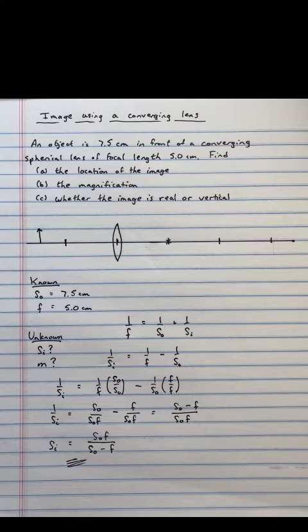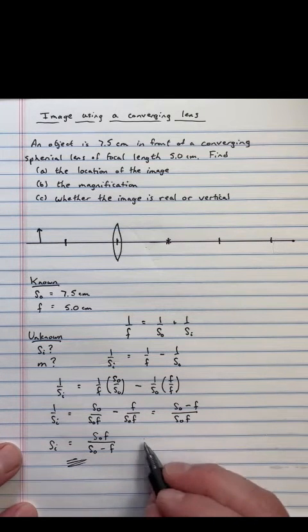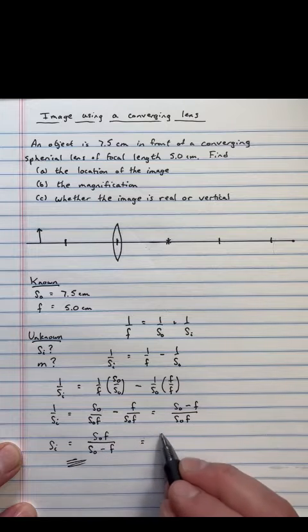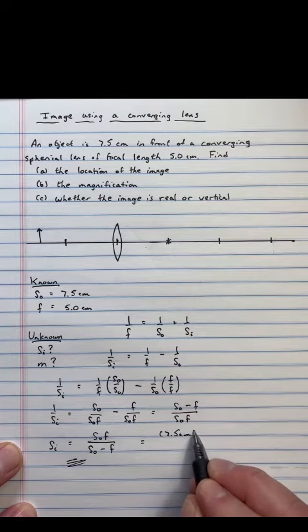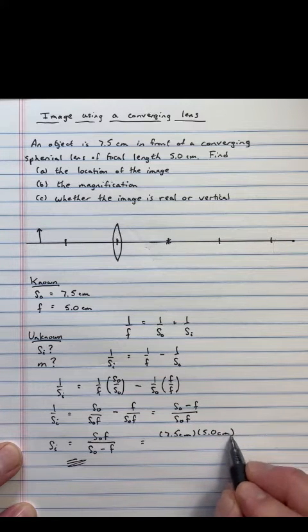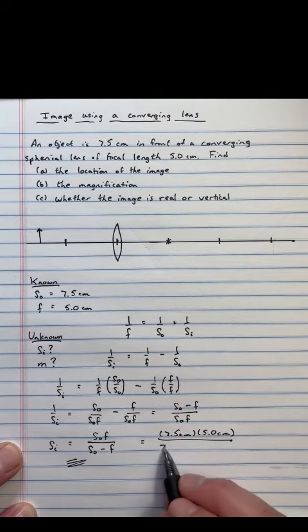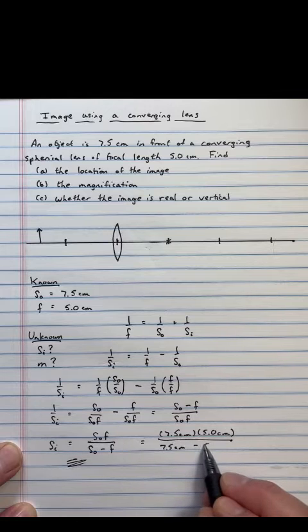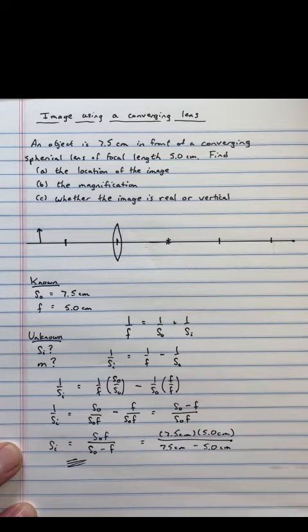All right, let's go ahead and throw in our numbers then. So we have 7.5 centimeters for SO and 5 centimeters for F, and then 7.5 minus 5, like that.